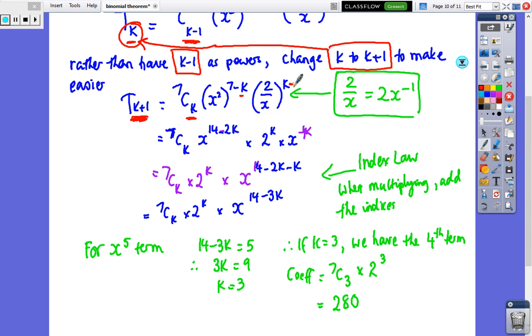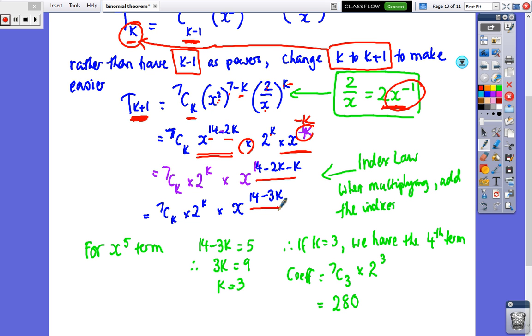So 7Ck is some number we don't know, but with the indice laws, you multiply, and this 2 over x is 2x to the minus 1, so 2 to the k, and then x to the minus 1 times k, that's x to the minus k, make sure it's clear. And then with the indice laws, I've got some x's here, and I've got some x's here, and I'm multiplying, so I add the powers, I get that number.